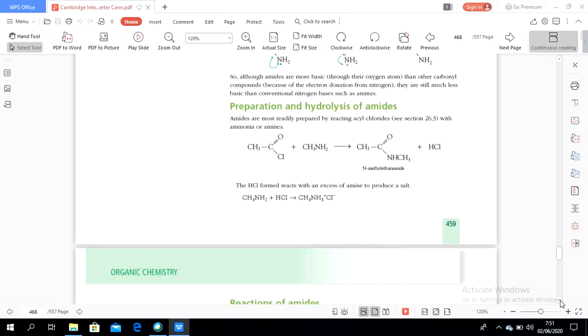The halogen is chlorine, Cl. We know that acyl chloride reacts with amines, for example methylamine. It will become an amide plus acid.